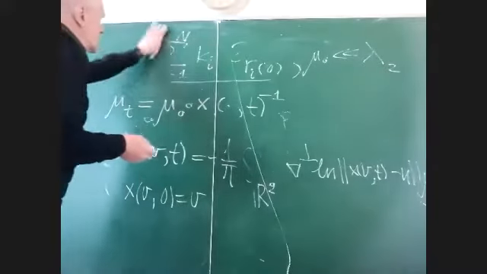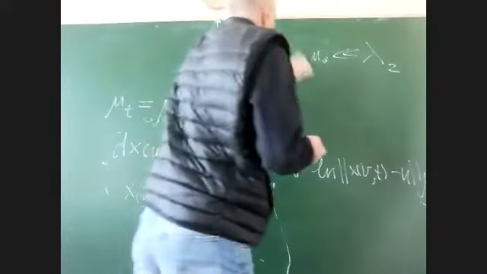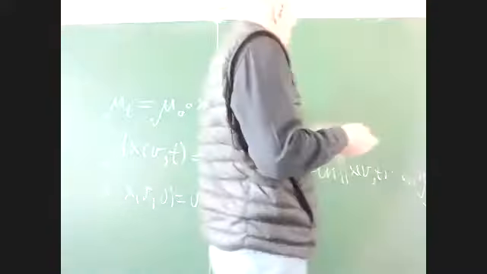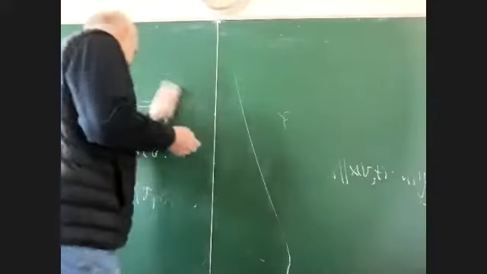This is the second example, which is also very well known and also very old. Let me recall to you the so-called filament equation, which was first proposed by Landau and Lifshitz.